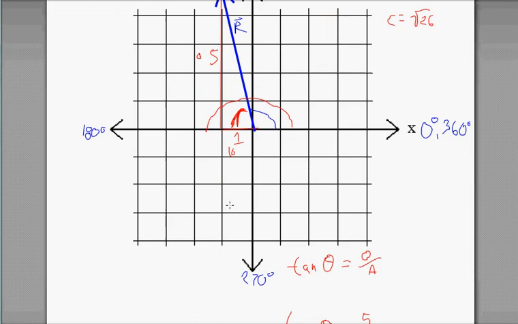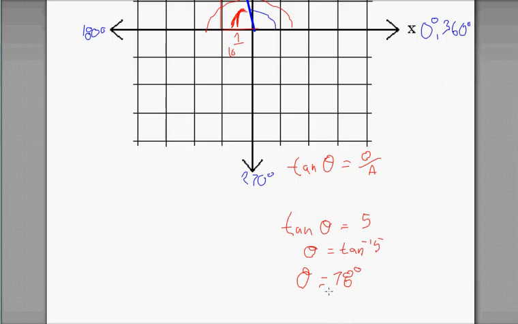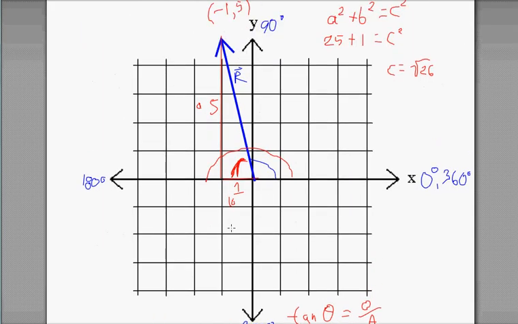It's actually 78 degrees before 180 degrees. So I'm just going to subtract. I've got to go 180 minus 78, which is going to give me 102 degrees. And that will tell me the angle of this vector.